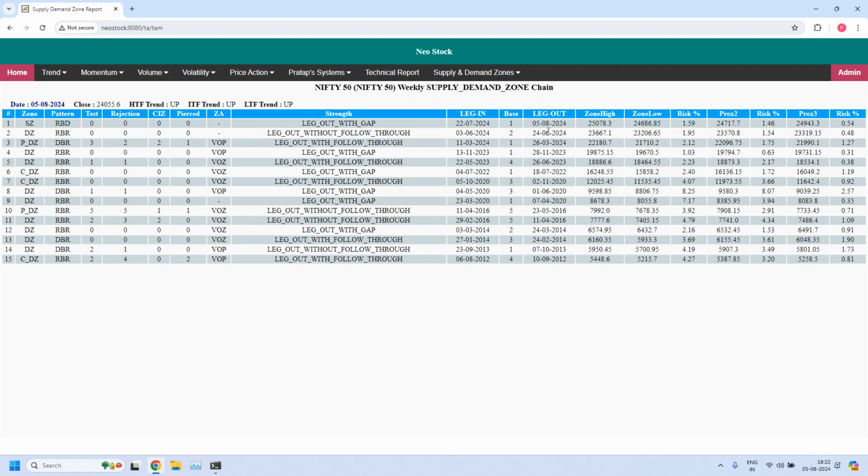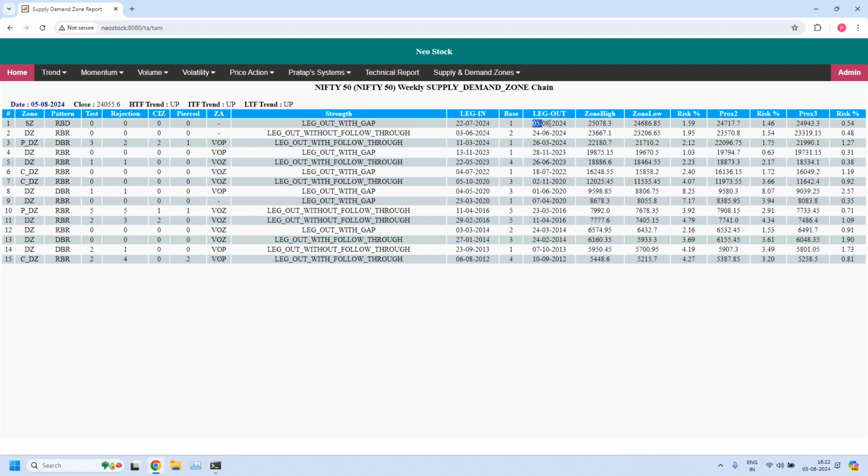The week is not complete. Remember, the week is not completed, so you can't consider it. This will be growing. Even though the software is generating it, it is only at the end of the leg out candle closing. This is an open timestamp. This coming week, this will be closing. At that time, if this zone is still valid on Friday, then you can consider it.